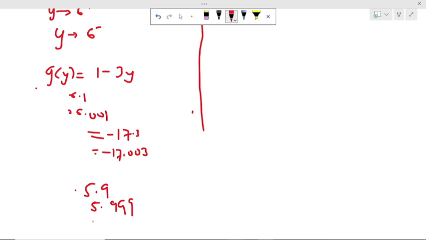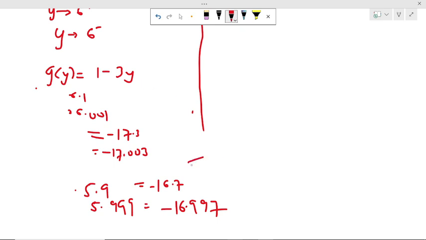For 5.9, I get -16.7. Then for 5.999, I get -16.997.